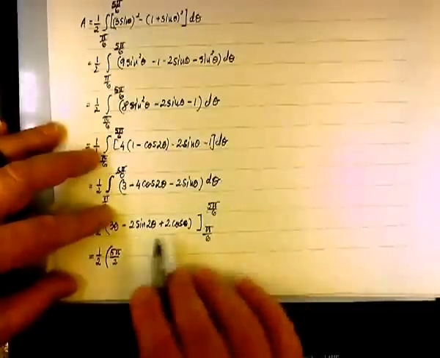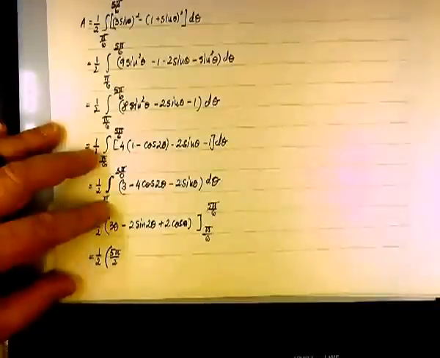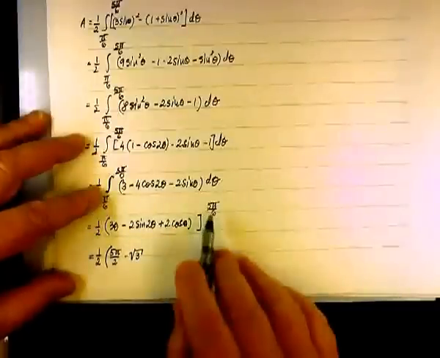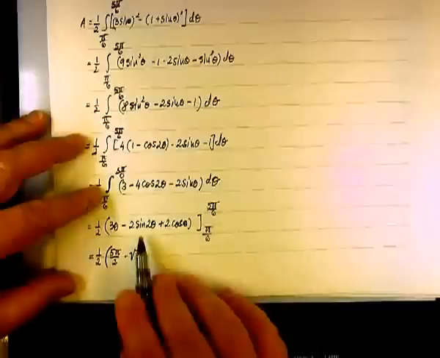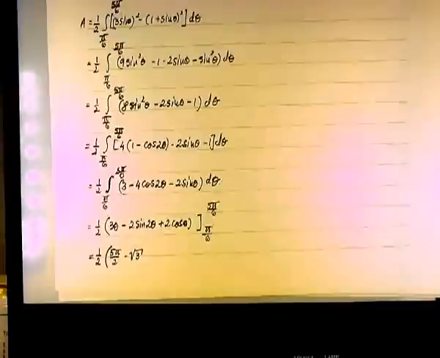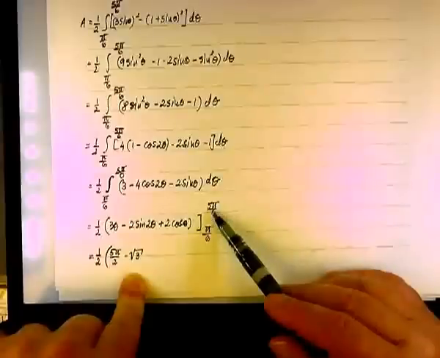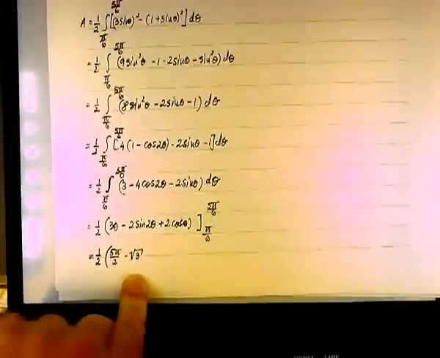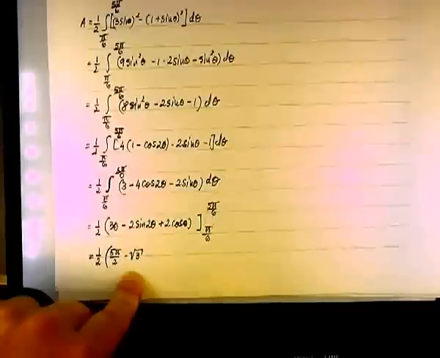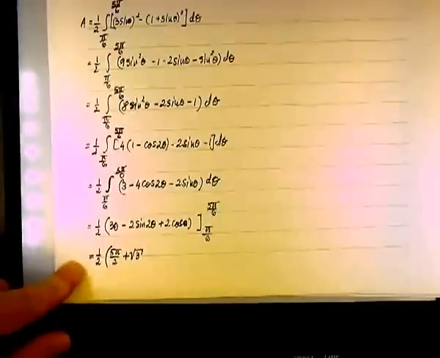Sine of 2 theta equals sine of 5 pi over 3, I'm sorry, let me reset myself. 5 pi over 3 is in the fourth quadrant, so it's negative. So it's negative, negative, so that will be positive.